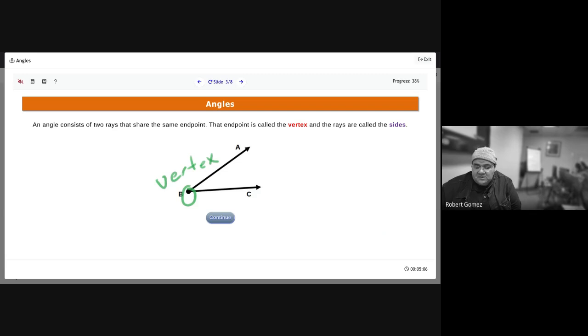Now, in an angle, remember, we're specifically talking about angles. The rays here, this one is called a side. That's a side, that's a side.